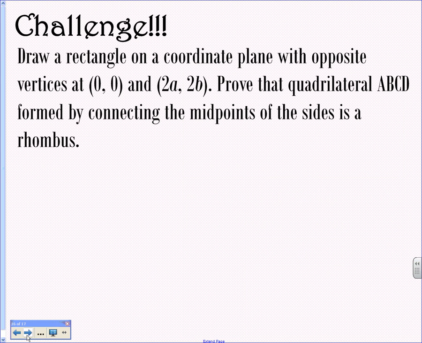All right, so this is a challenge question. We want to draw a rectangle on a coordinate plane with opposite vertices at (0, 0) and (2a, 2b), and prove that the quadrilateral formed by connecting the midpoints is a rhombus.